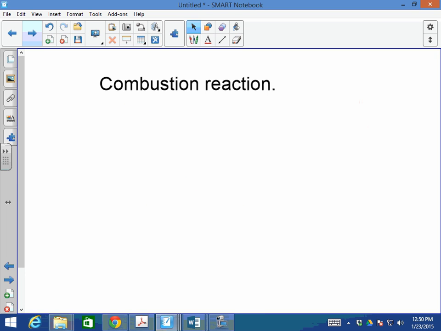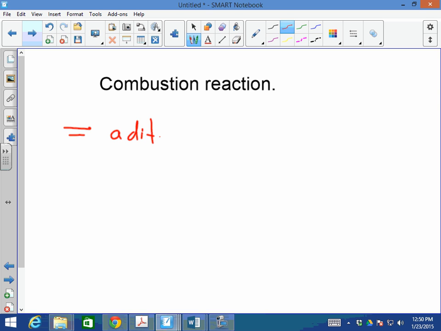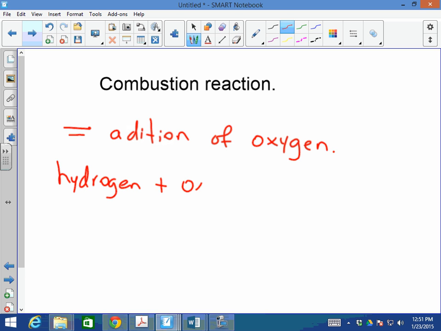Simple equation. Next one, combustion reaction. It is actually the addition of oxygen to an equation. If we look at a simple equation we saw earlier, we have hydrogen plus oxygen. The fact that I have plus oxygen makes it a combustion reaction.